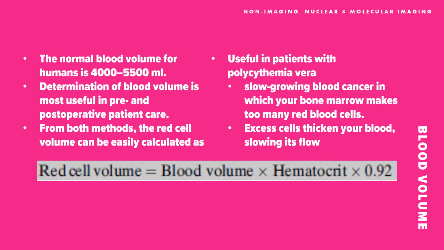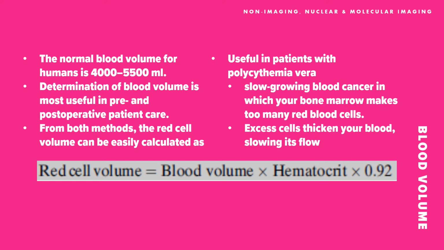In a normal human, usually you will have about 4,000 to 5,500 milliliters of blood, depending on body size and age. So a normal range is 4 liters up to 5.5 liters of blood in your body.